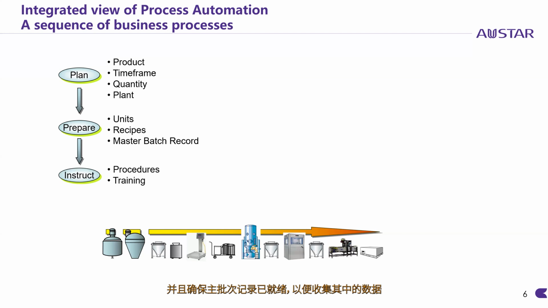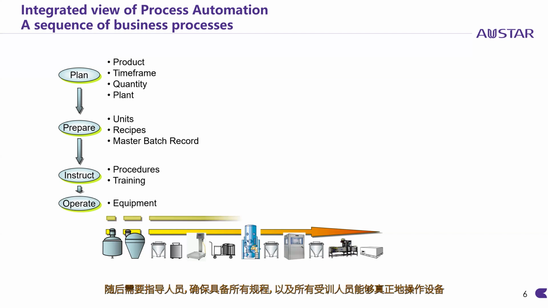Then we would have to instruct the personnel and make sure we have all the procedures and trained people to actually operate the plant. When they really operate the plant, during this time, all values, checks, events are recorded.